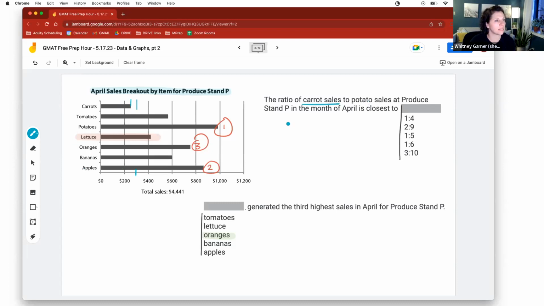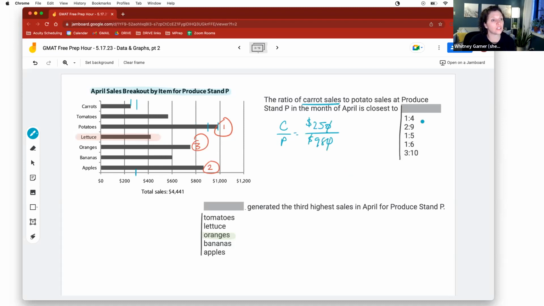So I'm going to argue that carrot to potato is about 250 for carrot. And potato, this crazy long one, well, if this is 900, that's pretty close to 1,000. I'm going to call it like 980, 990, somewhere in there.